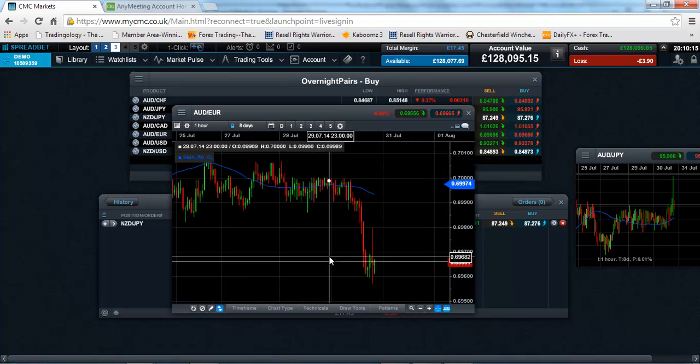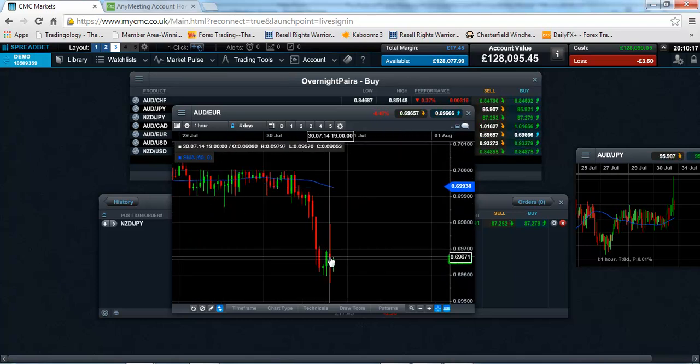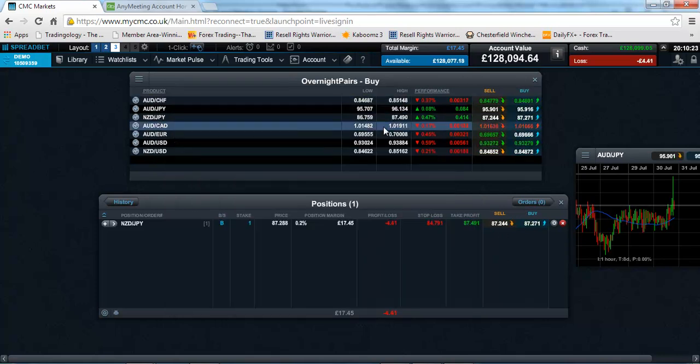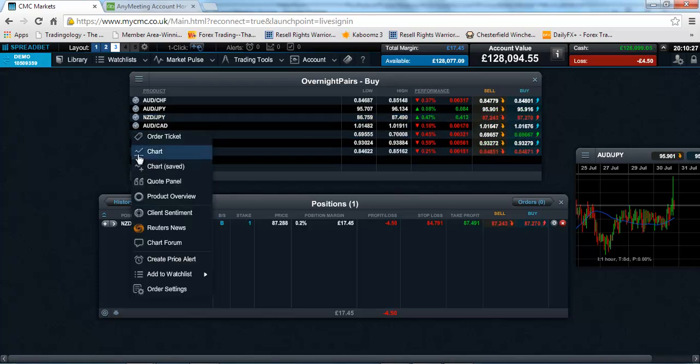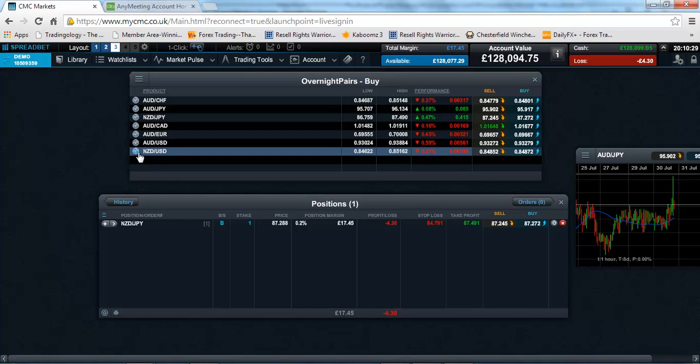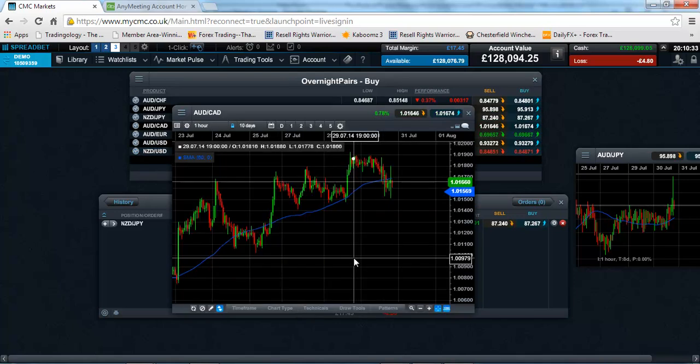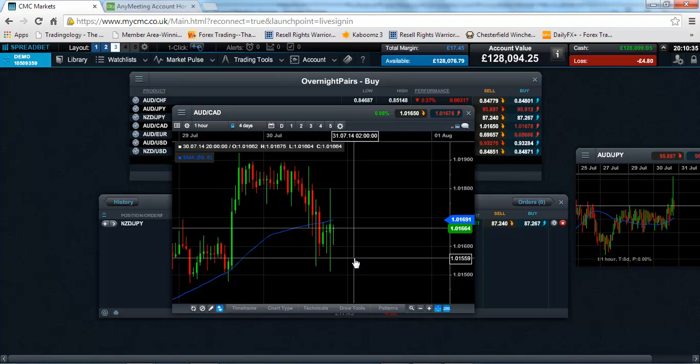That one is also below the 60 SMA, so we sit out. Let's try AUD CAD. Okay, that one is also under the 60 SMA, so that one too we sit out.